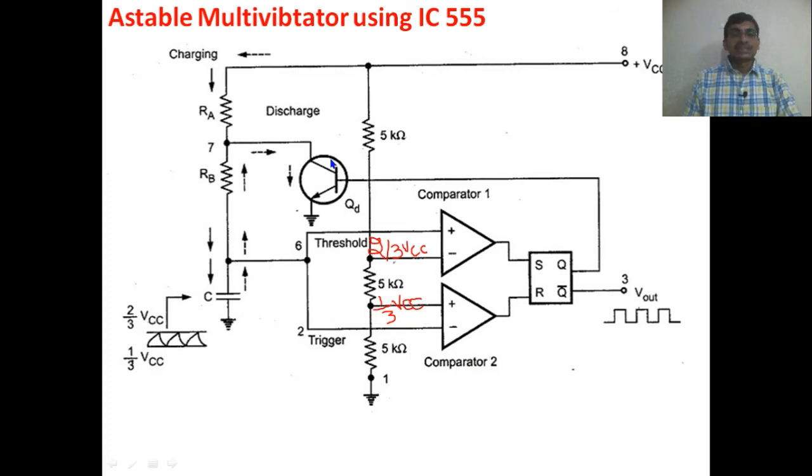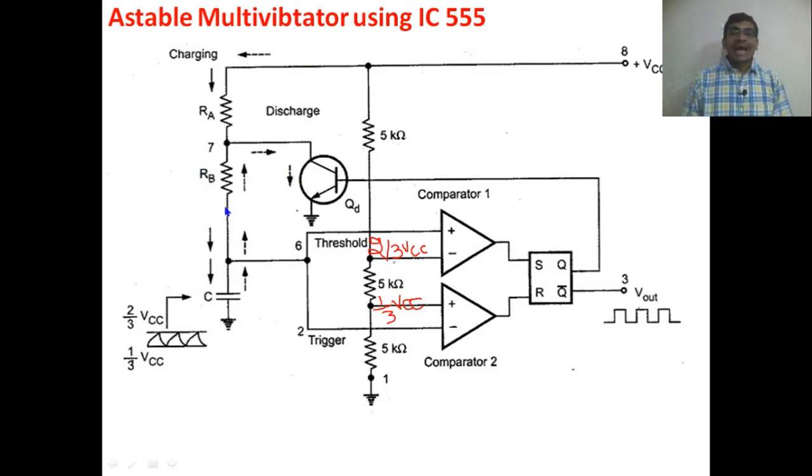When the transistor switches on, this capacitor will have the discharge path. Therefore, this capacitor discharges in this way. So, C is discharging to ground through the resistor RB and the transistor QD, the discharge transistor. In the last monostable multivibrator, we did not have any discharge resistor, and the discharge path did not have any resistance.